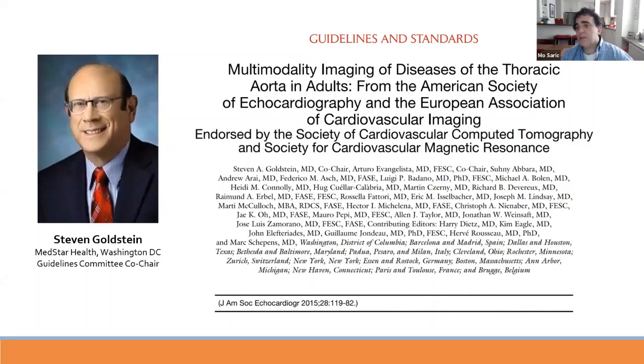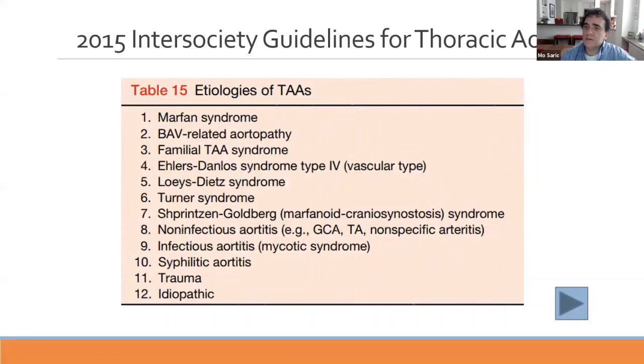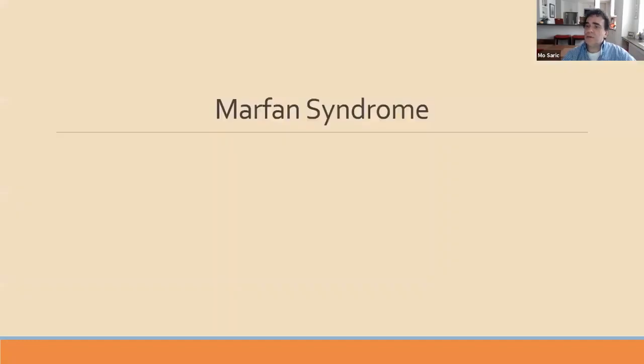This is Steve Goldstein, who chaired these guidelines. These intersocietal guidelines from 2015 show that the etiologies of thoracic aortic aneurysms are multiple, and here I will discuss the two most common, which are Marfan syndrome and bicuspid aortic valve associated aortopathy.